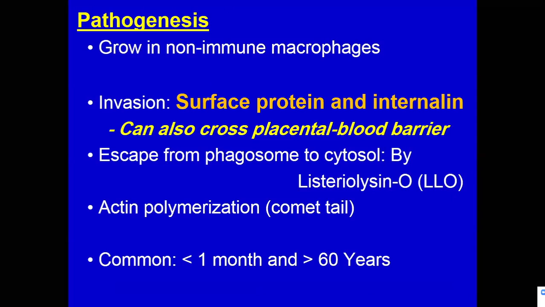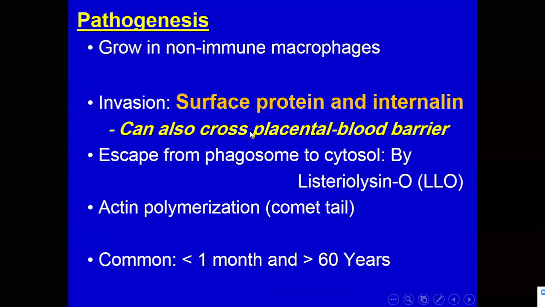Also, this microorganism has the capability of crossing the placental blood barrier. This is a very important characteristic. So if the mother becomes infected from food and the microorganism goes through the intestine to the blood, it may reach the fetus and cause fetal infection.